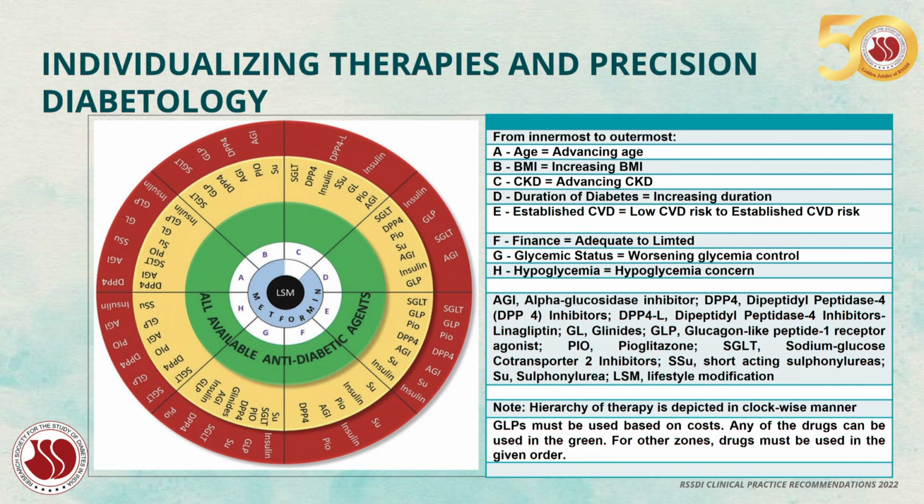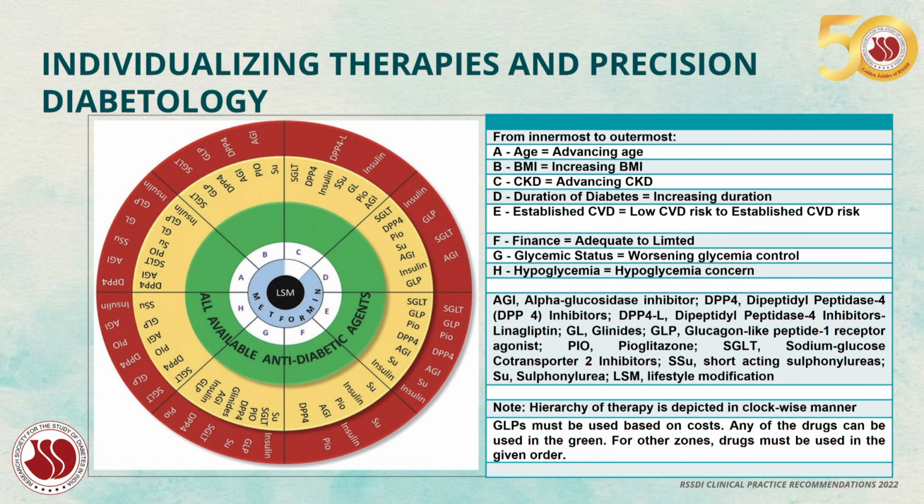When you have to interpret this wheel, keep in mind that as you move away from the center, each consideration increases in intensity or level of concern. When you are in the center, basically you have a garden variety type 2 diabetes patient who is just newly diagnosed, does not have any risk factors and no major concerns as far as comorbidities are concerned.